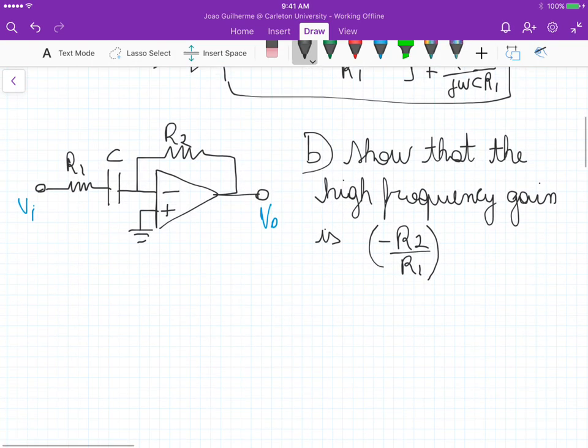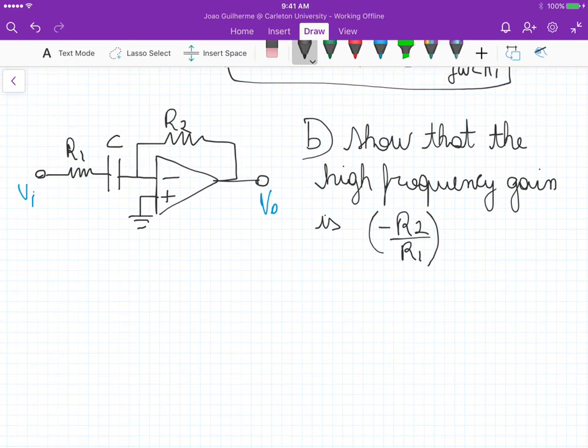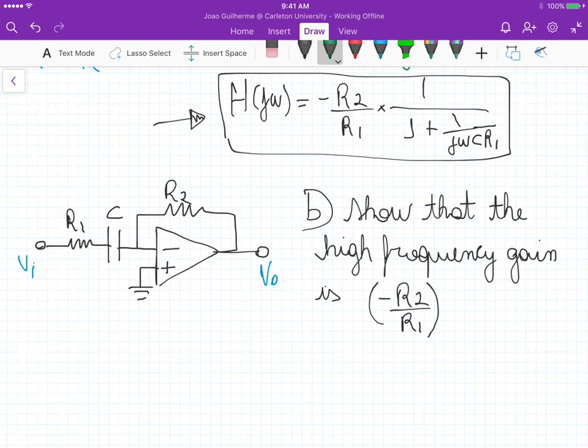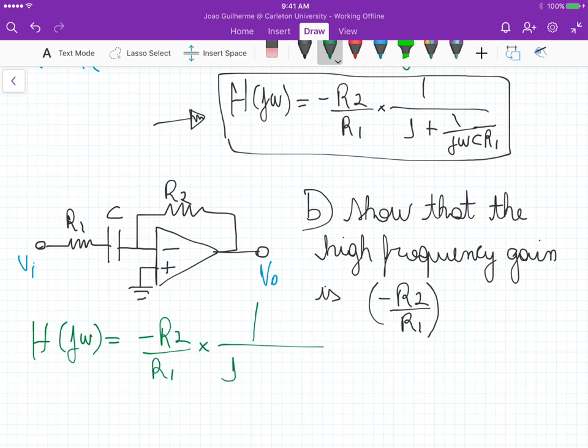Now part B is show that the high frequency gain is minus R2 over R1. So again, if we rewrite this voltage transfer function, H of j omega equals minus R2 over R1 times 1 over 1 plus 1 over j omega C R1, it basically means that at high frequency, omega is equal to infinity, a very high frequency.